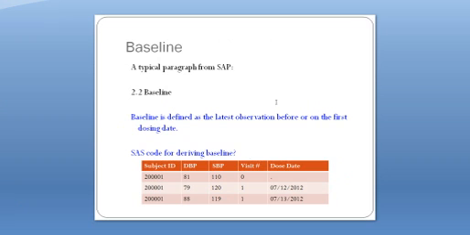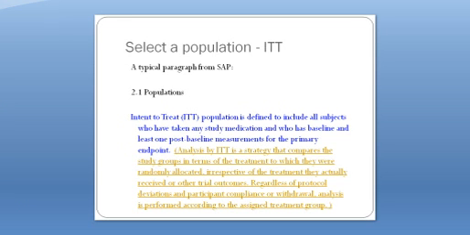In that case, if you want to define the ITT population, you need to identify the primary endpoint, and you need to find out the baseline value, as well as the post-baseline value for the primary endpoint.